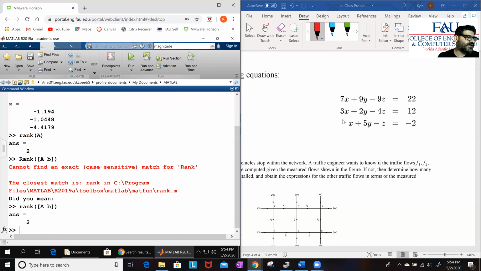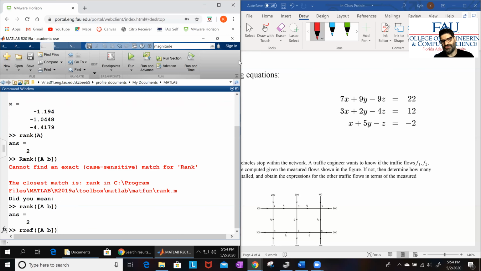So how do you solve? We're going to use the RREF command to see how this will work. So I'm going to just do RREF of A and B, and see what that will give us. So this is what's going to happen.